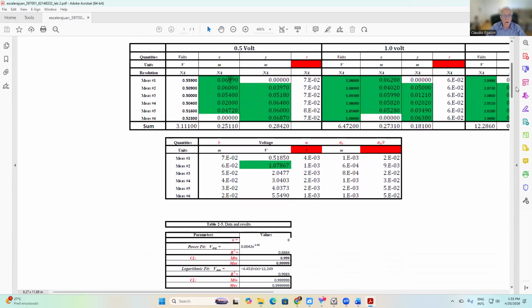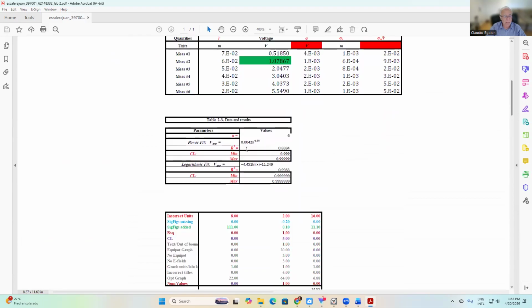So the student managed to get the CL. And here is the color code, what the color code means. He missed some points in the graph units and labels. Just 1 point. 0 all over here.